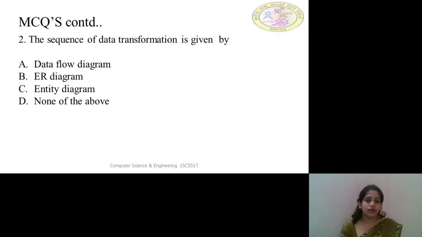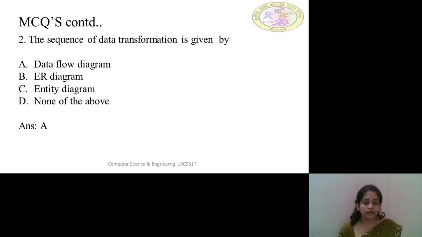Second question, the sequence of data transformation is given by. Option A, data flow diagram. Option B, ER diagram. Option C, entity diagram. Option D, none of the above. As we know, a data flow diagram is meant to show us the way the data flows between modules or the elements of the module.